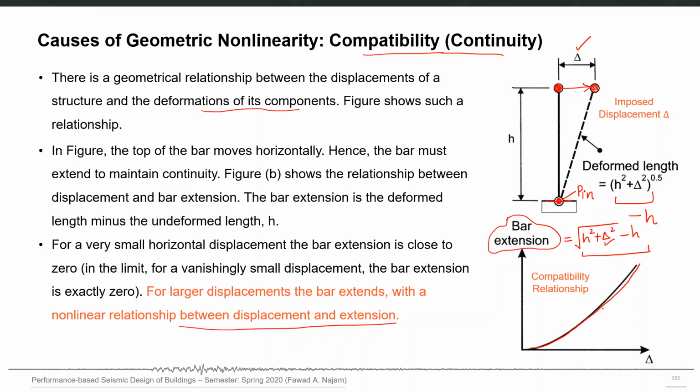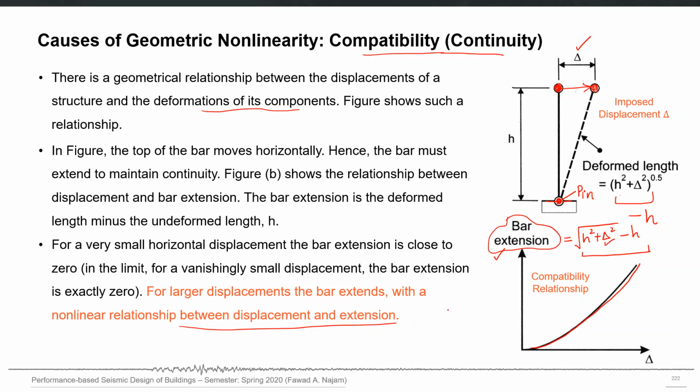And the reason for this non-linear relationship is the relationship between bar extension, or the component extension, and the nodal displacement, which is not linear in this case. So this effect will also result in nonlinear action, and that will be geometric nonlinearity, because it arises from a nonlinear relationship between component extension and the nodal displacement. So in short, there can be two reasons for geometric nonlinearity.